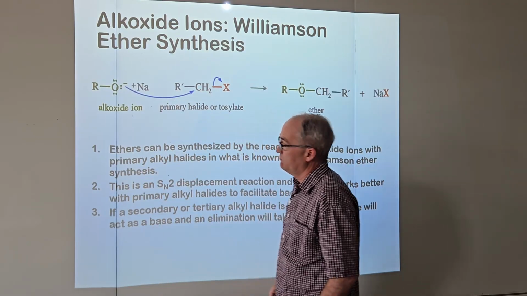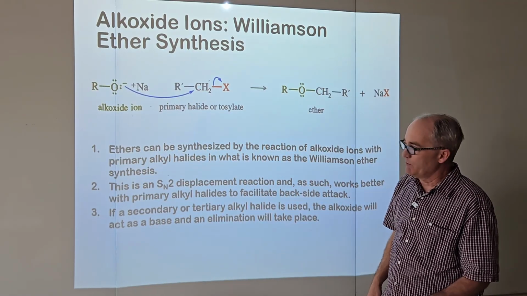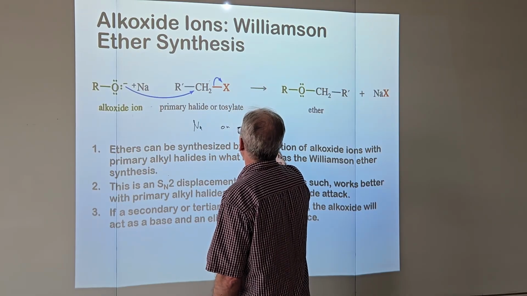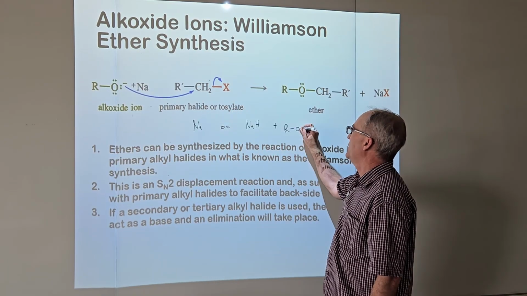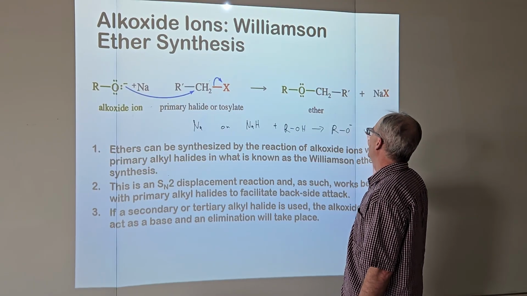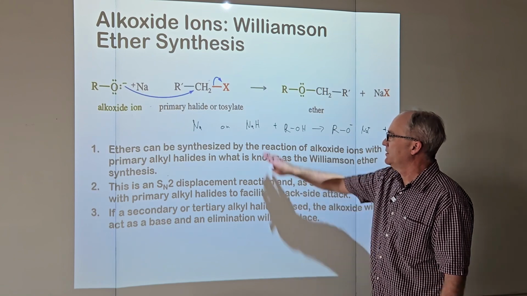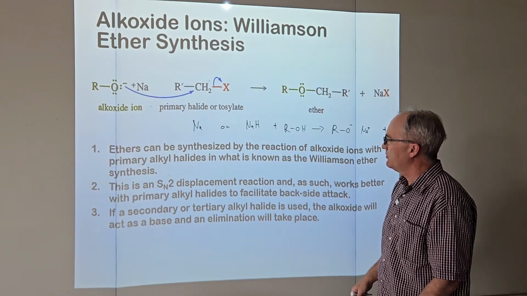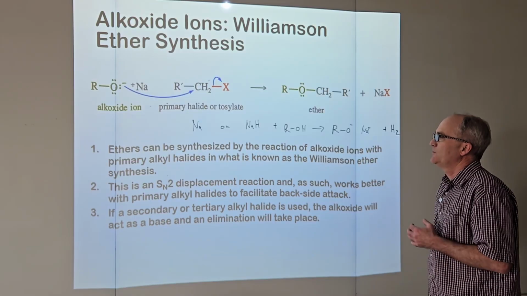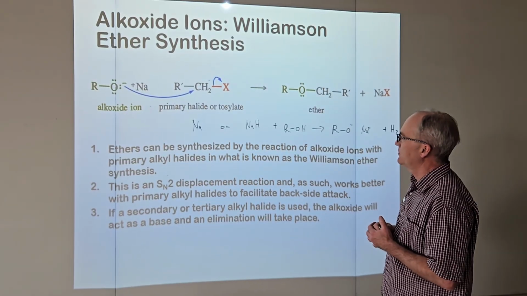The other alcohol you're going to react with sodium metal or this sodium hydride. Both of these and alcohol are going to give you the alkoxide ion. The only difference is I believe this might be a little easier to work with, not quite as exothermic as dumping sodium into a beaker of alcohol.